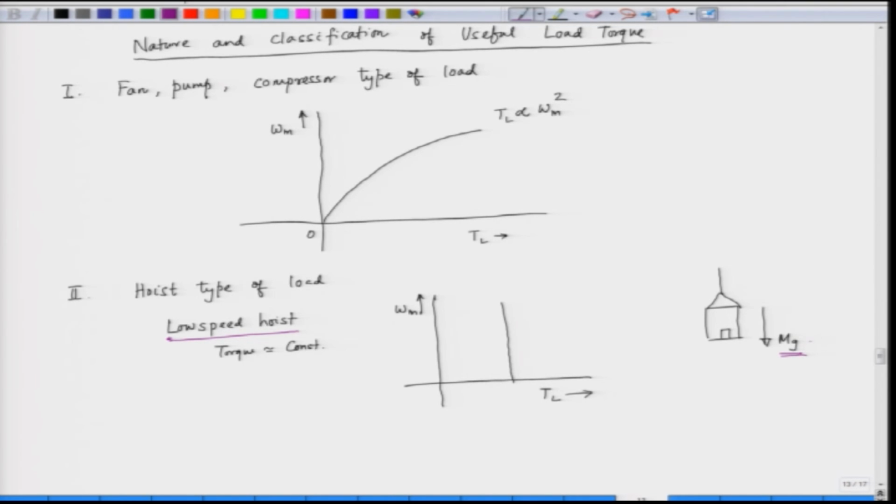So, that is constant. But if the speed increases, we will have a high speed hoist. In a high speed hoist, we have a situation which is a little different.